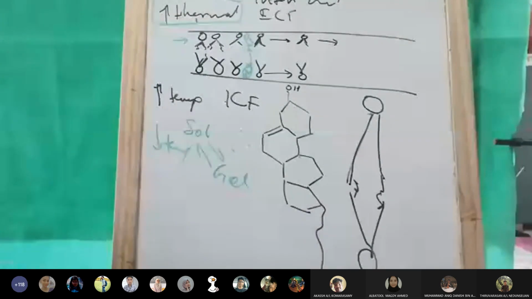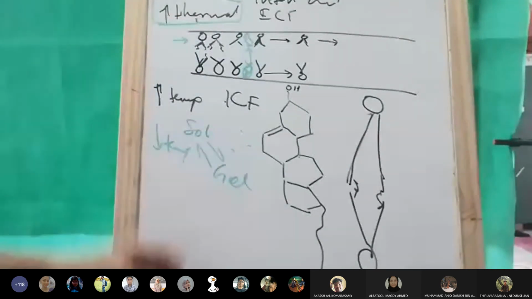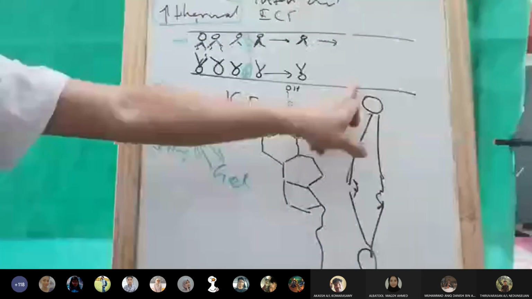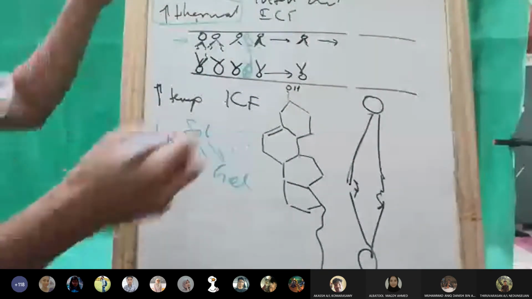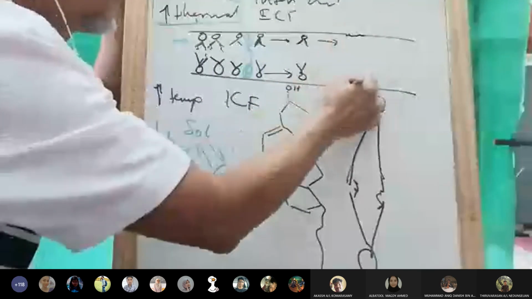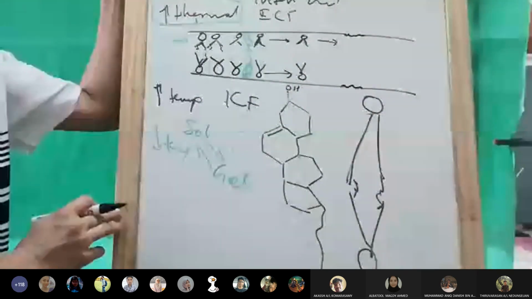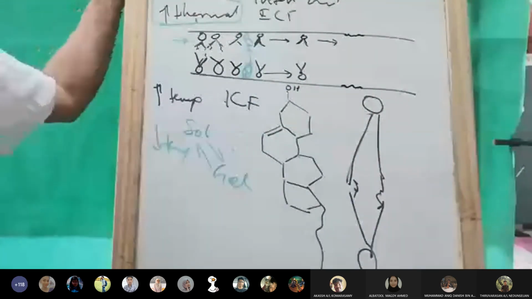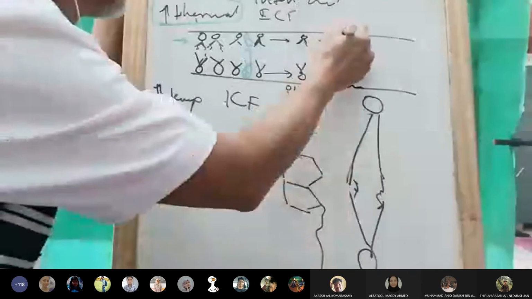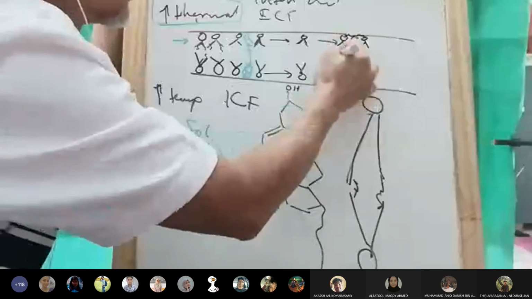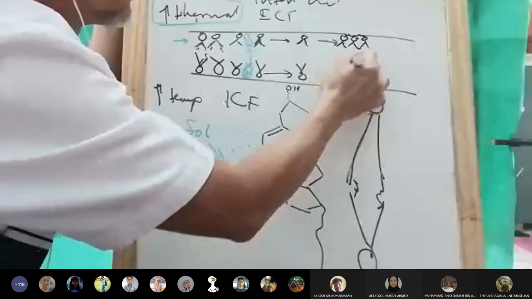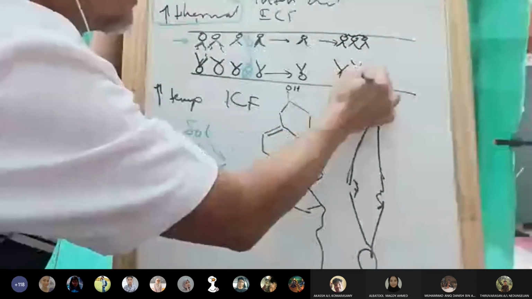But the most important thing about that fluidity is, if there is a break in the membrane, what will happen then? It seals back the breaks, but it doesn't use fibrin or anything to fill it. The phospholipids just rearrange themselves and seal any openings present on the cell membrane.